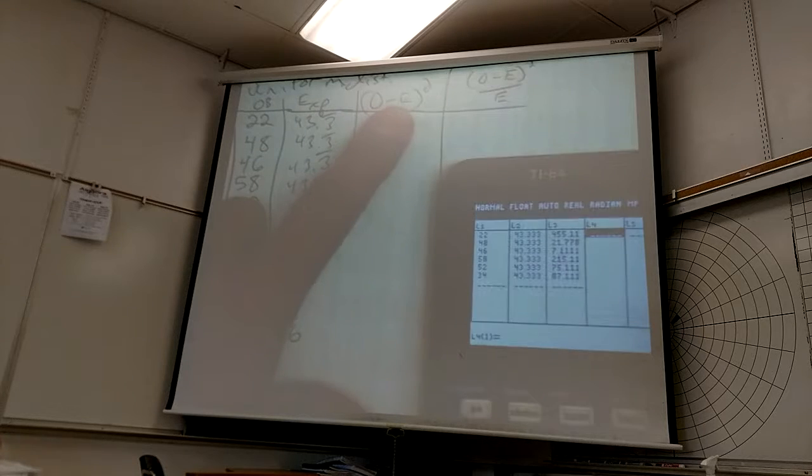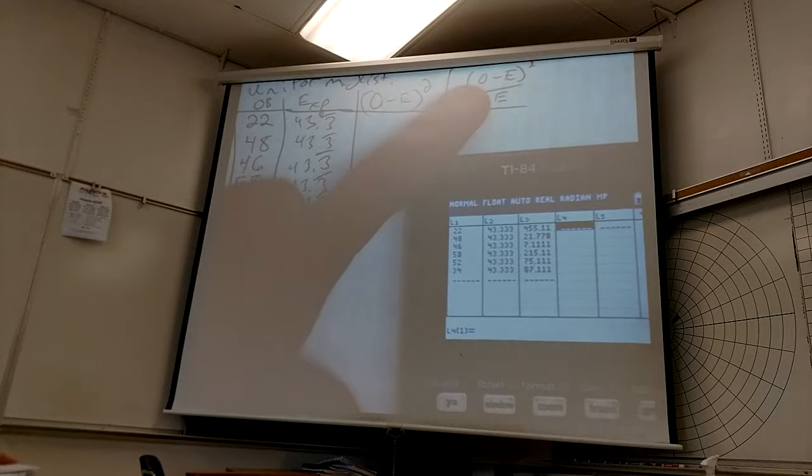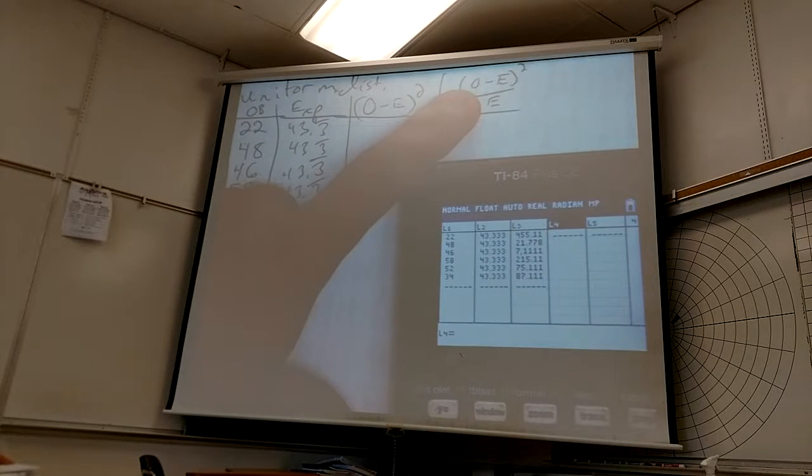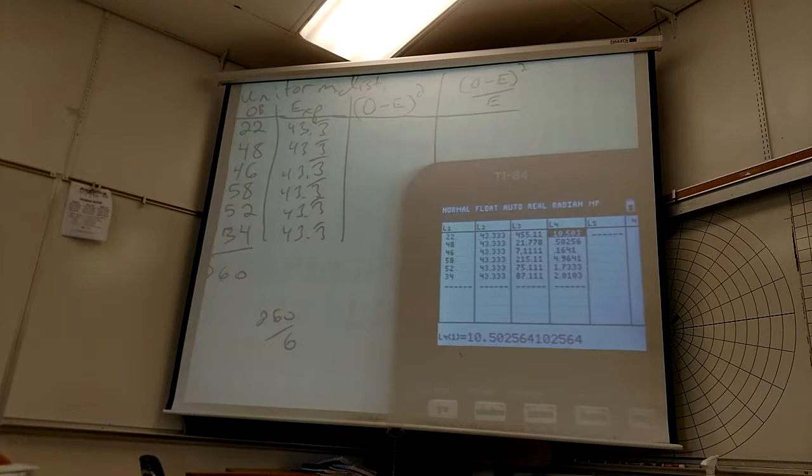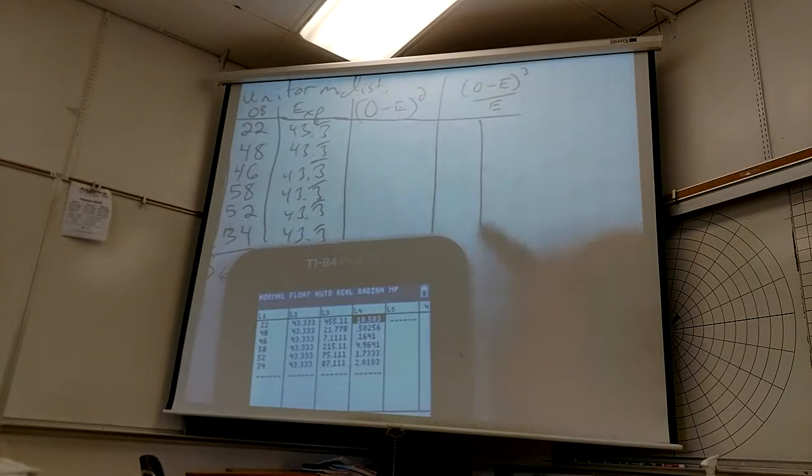So I'm here, observed minus expected squared, and then I can go L3 divided by L2. Bam. I need the sum. That last list is going to be this, and I need to get the sum of those to get my chi-squared.